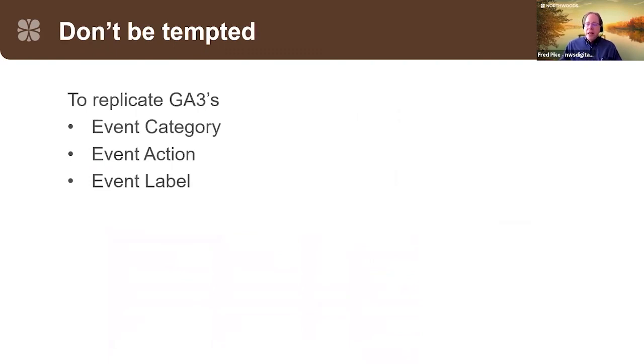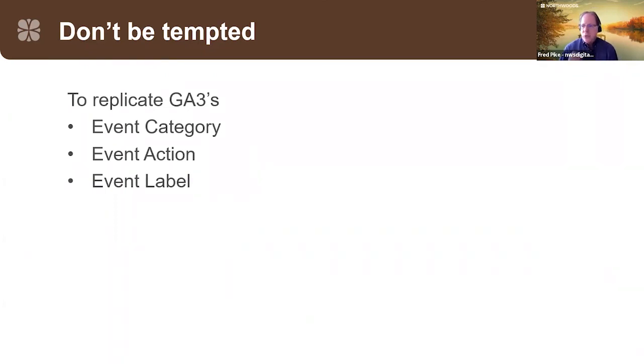And the final thing I'll end with is that you may have a nice set of event category, action, and labels from your GA3 setup. You may be one of the few people who actually did that well, but don't be tempted to replicate that in GA4. The reason is that the event model is so much richer in GA4 than it was in Universal Analytics.